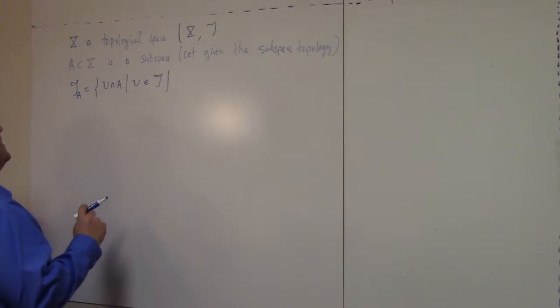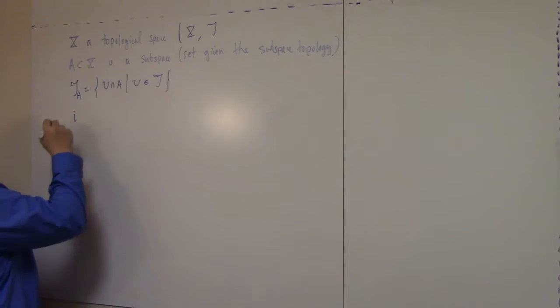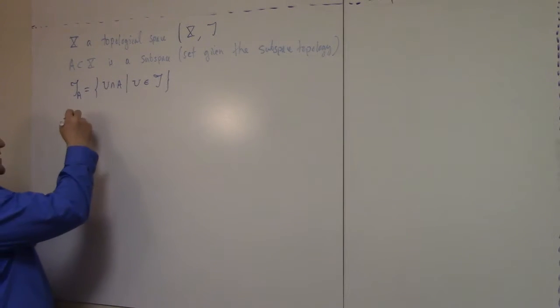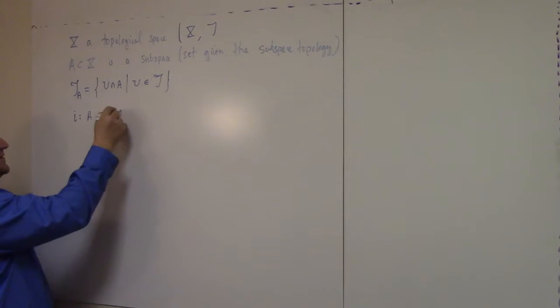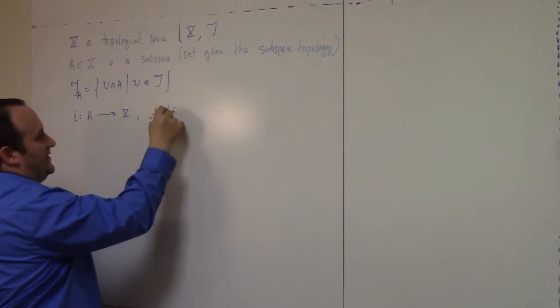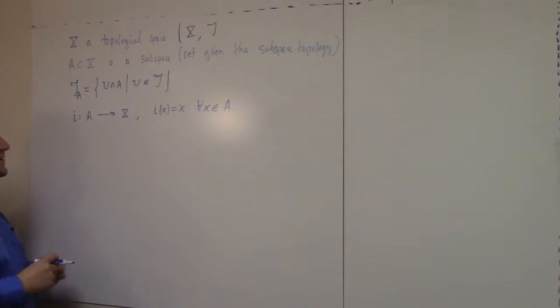Oh yes, the inclusion map, although sometimes people use a Greek iota for this, but I'll use I. So I is a mapping from A into X, which is just what? I of x is equal to x for all x in A. So the subspace topology makes this a continuous map, as we argued before.